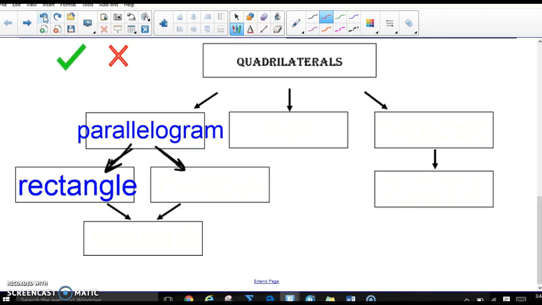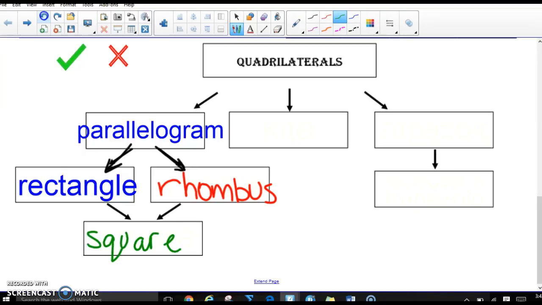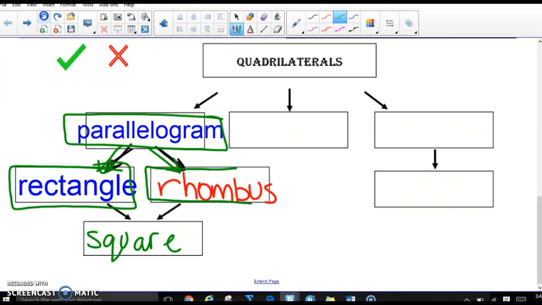Well, I'm going to tell you right now that the word rhombus goes right here, and that the word square goes at the very bottom. So if I just said that all of the rules from parallelogram go to a rectangle, and all those rules go to a rhombus, anything that's checked mark or true about a parallelogram should be check mark or true for rectangle and rhombi.